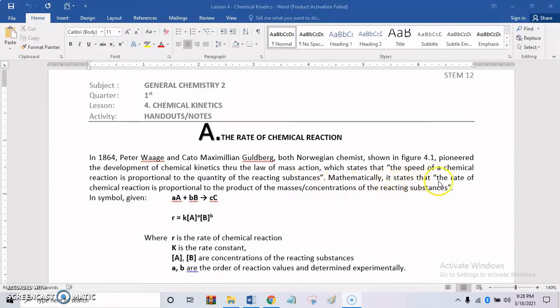Mathematically, it states that the rate of a chemical reaction is proportional to the product of the masses, or concentrations, of the reacting substances. Ito siya, reactant and the product.